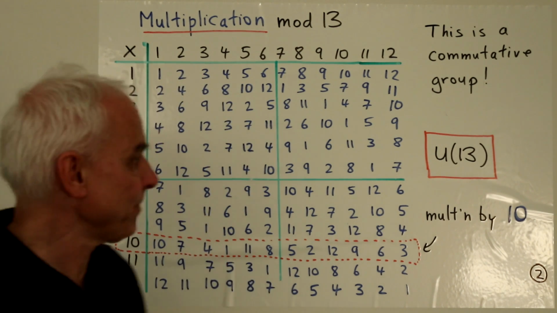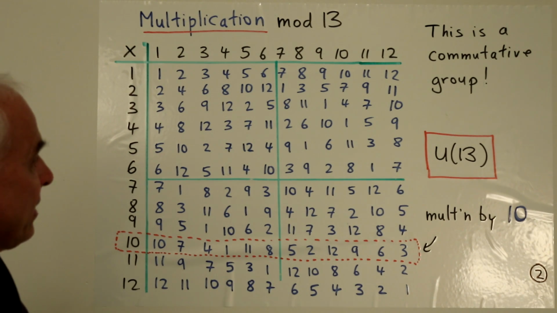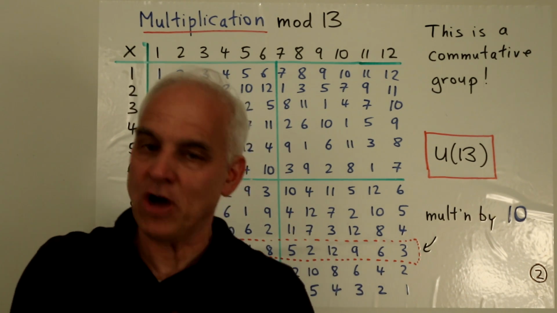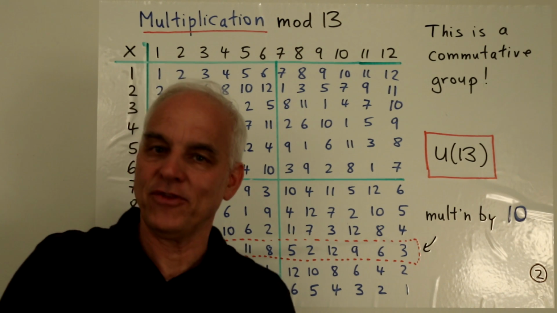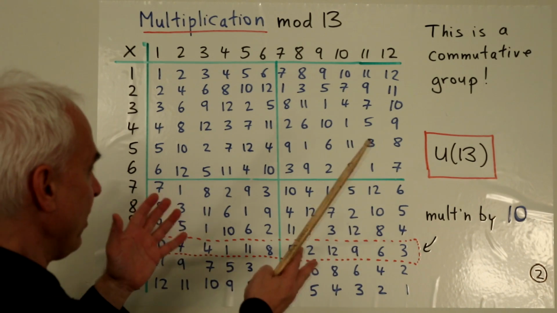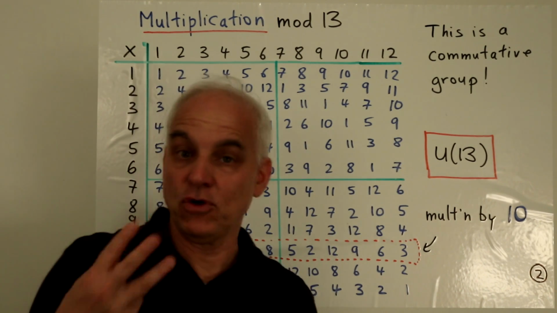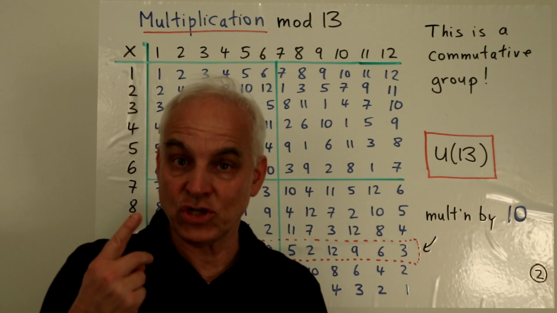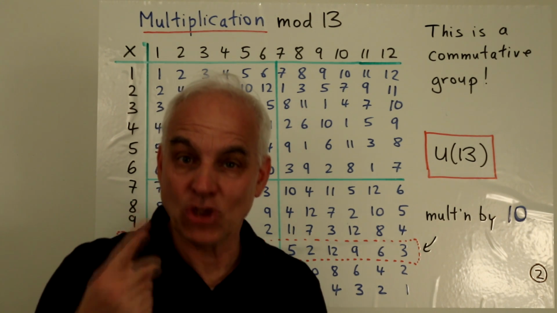This is a very interesting structure because it's a commutative group. We've talked about groups earlier in this series, and they're very nice algebraic structures. You basically have a multiplication like this, which has a few important properties, not a lot, just a few. First of all, it should be associative.